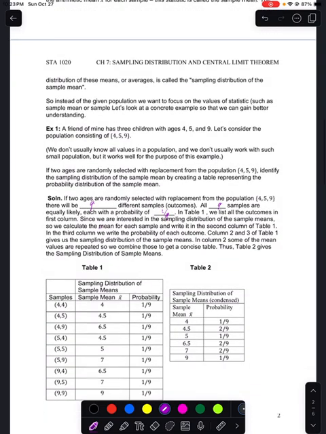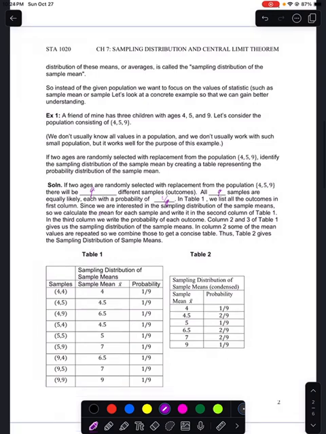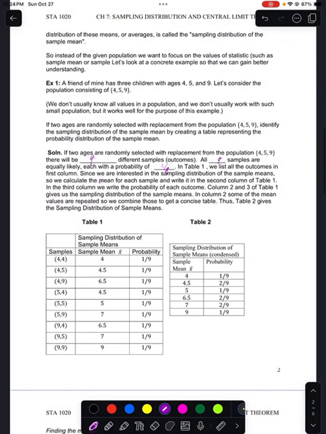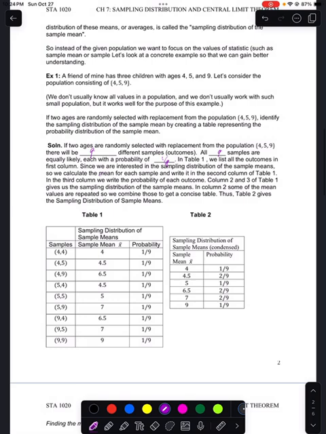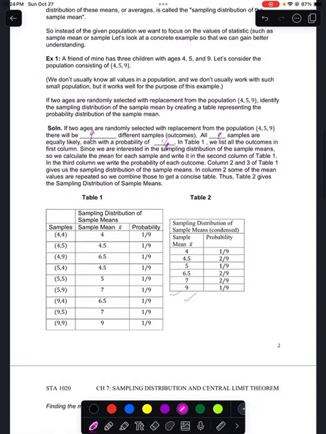But you see in the first column, some of the means are repeated, so we combine them and get a concise table, table 2. We notice that the values 4.5, 6.5, and 7 are repeated, so we write them once and put the probability in the second column. This table 2 is our distribution table.